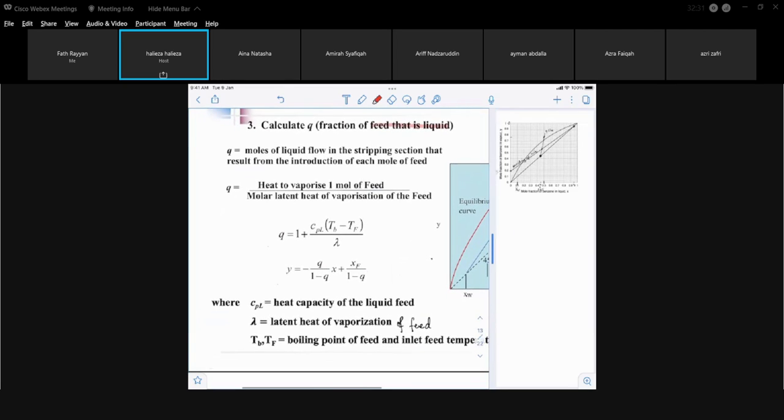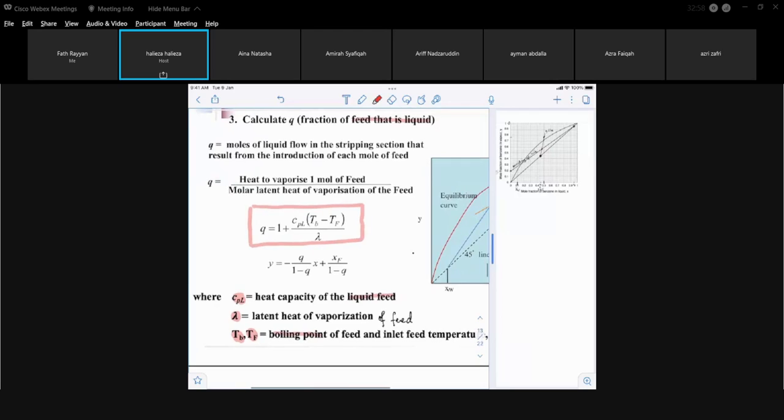To calculate q, you use this equation, where the latent heat is that of the feed, the Cp is the average heat capacity of your liquid feed, T subscript B is the boiling point of your feed, and T subscript F is the inlet temperature, the feed temperature.